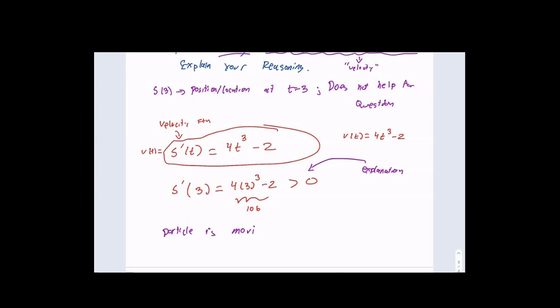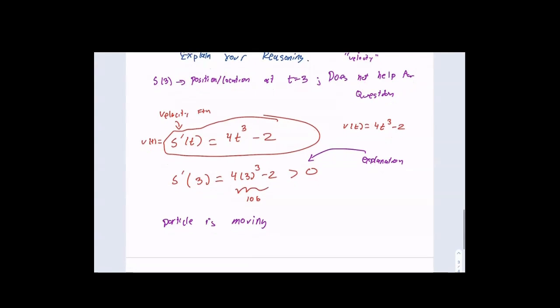Forward, backwards, or at rest? Forward at time equals 3, because velocity is greater than 0.